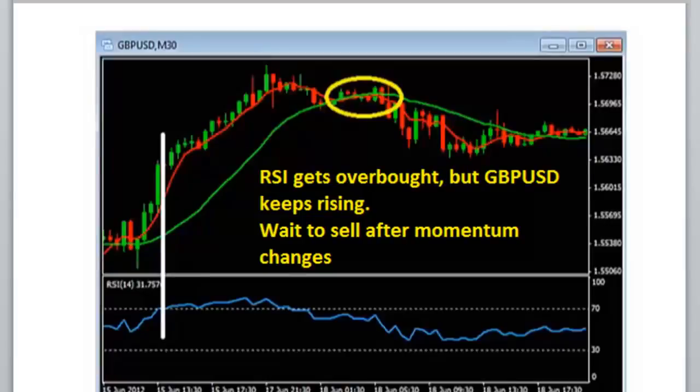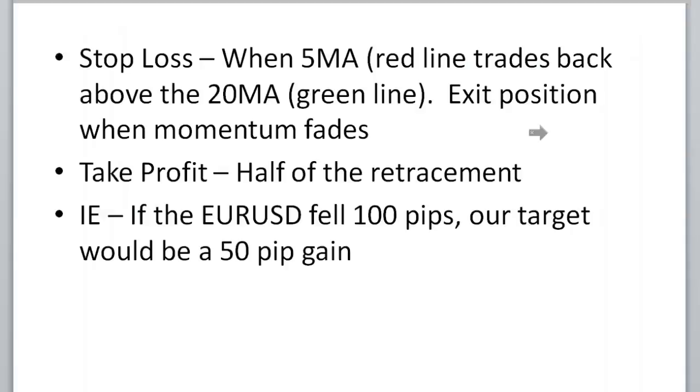Over here, if I were to put a stop loss, when this little red line trades back above the green line, that's when I would be getting out of the position, because that would mean the short-term momentum that we had has gone away, and now we want to be out of the position. So our stop loss will be when our 5 period moving average trades back above or back below, depending on the trade, the green line of our 20 period moving average. That means that our momentum has gone away.